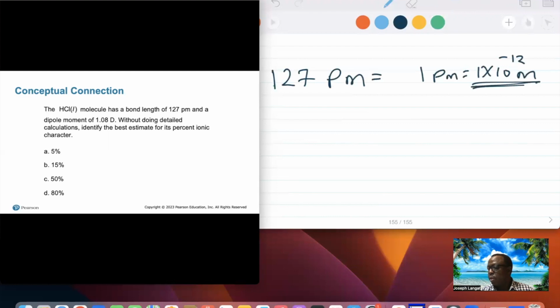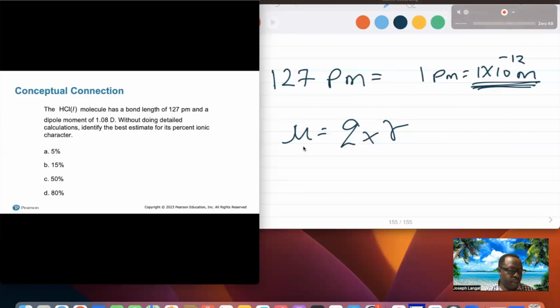We need to change the bond length from picometers to meters because the dipole moment is the charge times R, and R is the bond length. In this case, the dipole moment is 1.08 debye, the unit for dipole moment.